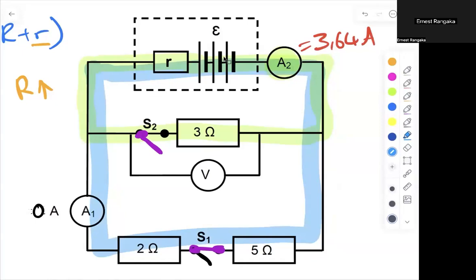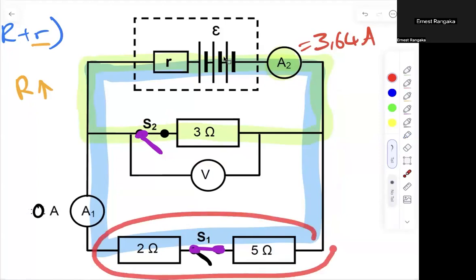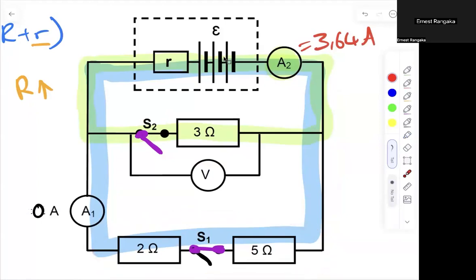So I go from the green circuit at the top to the wider blue circuit. That's what happens when I change my switches, which means my resistance used to be 3 ohms, but now in the blue circuit, my resistance is going to be the 2 and the 5 ohm. I'm going to get 7 ohms in total. So my resistance increases. Okay, hope that makes sense to everyone. Thank you for the thumbs up, and I think everyone's on board with me.